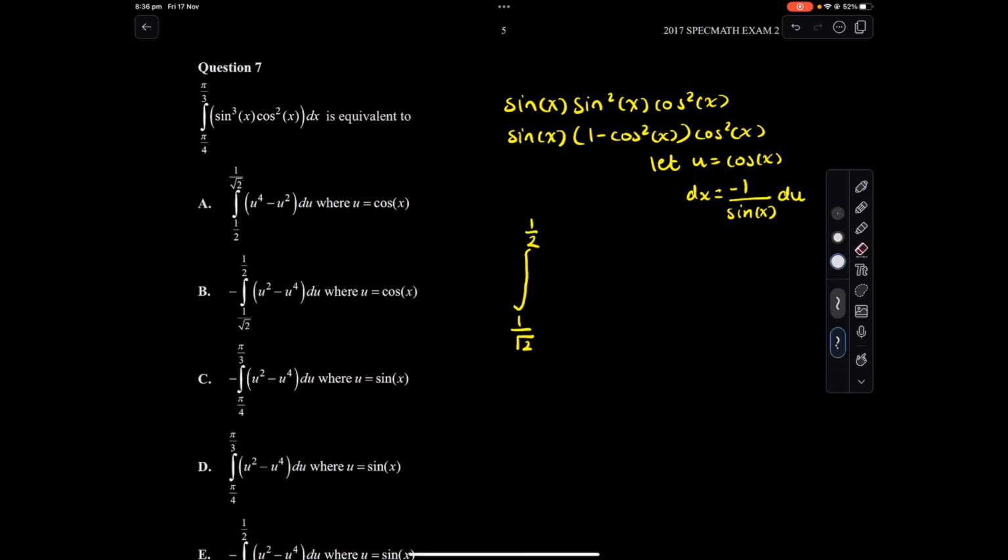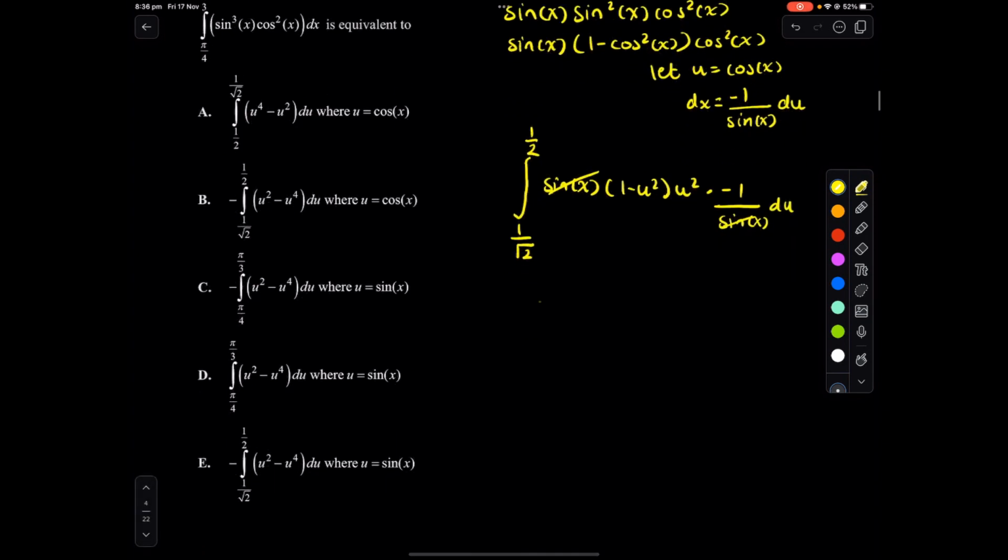And writing this whole expression down, we got sine of x. Because we let u equal cos of x, there will be 1 minus u squared, multiplied by this over here, which is negative 1 over sine of x du. And these cancel out nicely.